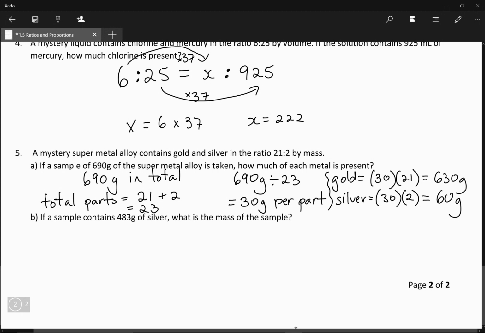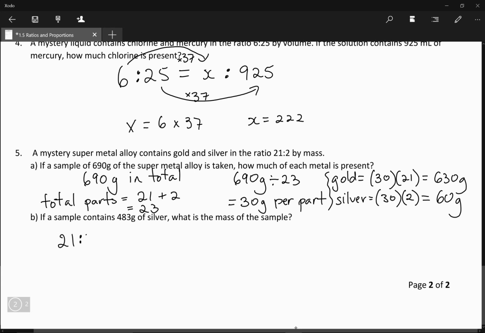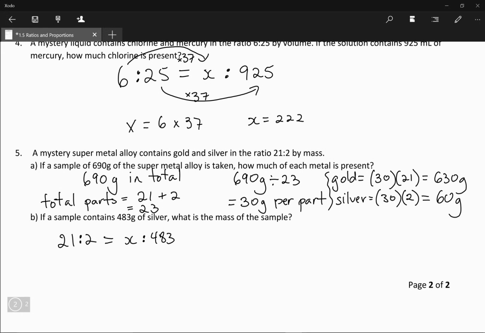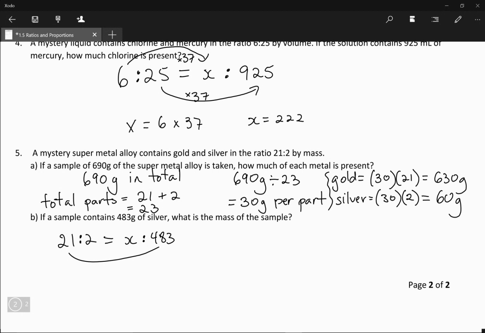If a sample contains 483 grams of silver, what is the mass of the sample? Okay, so one way you can do this is just to show, okay, if I have 21 parts to 2 parts, that ratio is equal to the actual amount of the alloys, so x amount of gold to 483 grams of silver, solve for x. Okay, and if you follow the same process, find the scale factor. So the scale factor here could be found by looking at 483 divided by 21.